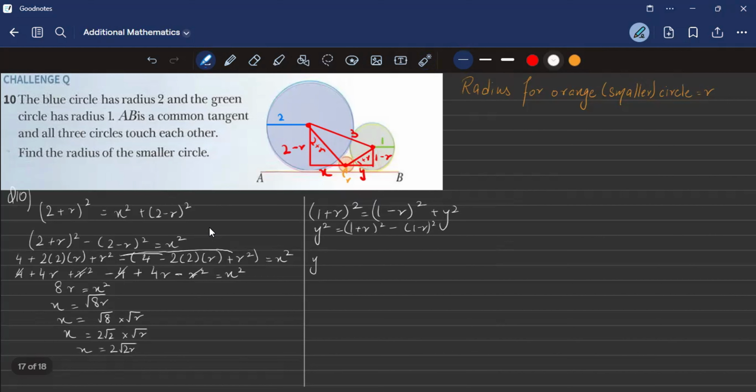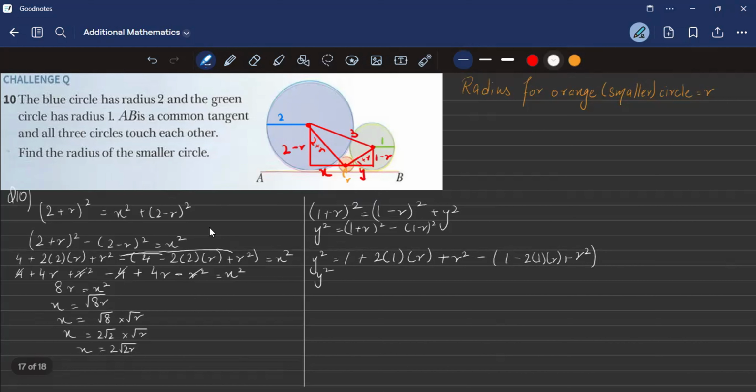So y squared is equals to, again, we are going to use our quadratic identities here. A squared is equals to 1 squared plus 2 multiplied by a multiplied by b plus b squared minus a squared minus 2 multiplied by a multiplied by b plus b squared, which is r squared.